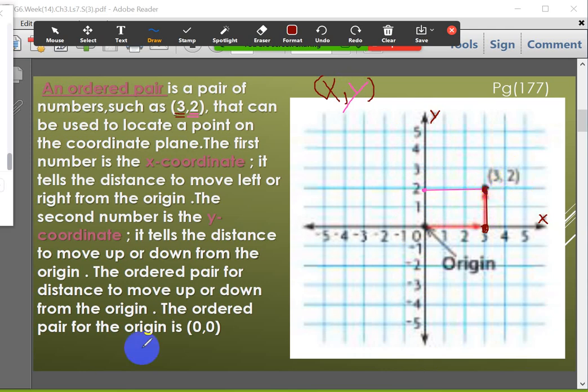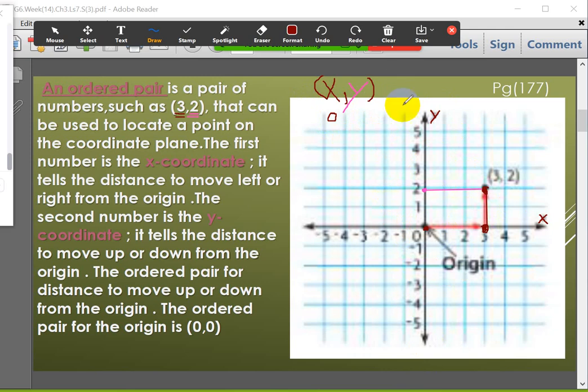Okay? What about the origin here? The origin, look at this point. If I want to know this point on the x-axis, it is located on the 0 point, that means the x coordinate for this origin is 0. And on the y-axis, this point is also located on the 0.